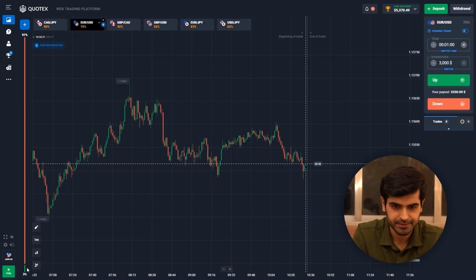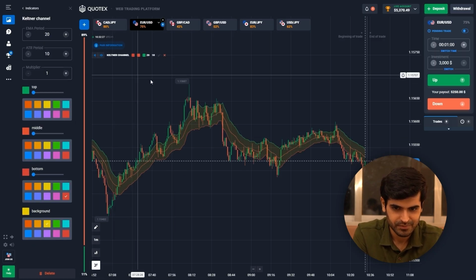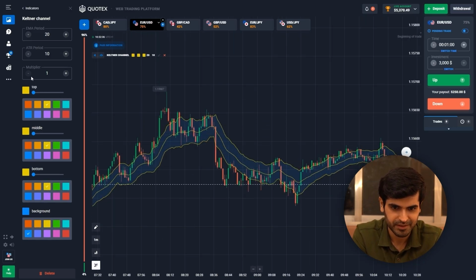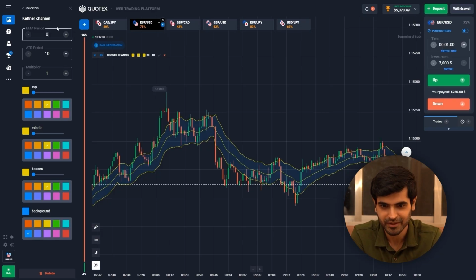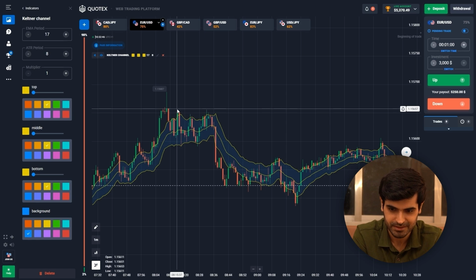Okay, clean chart. Heading straight to indicators. Add Keltner channel. Customize the colors as you like or leave them default. Set EMA period to 17, ATR period to 8. Leave the last parameter as it is.